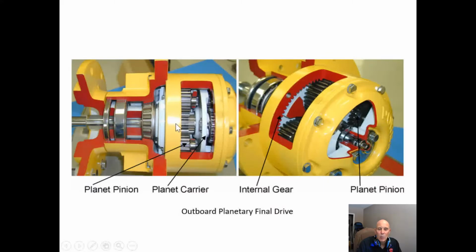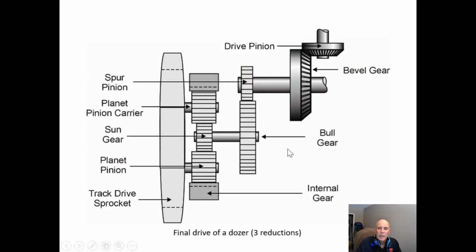Now this is an outboard planetary final drive, which is a double planetary reduction gear. One planetary runs into another planetary to give us a double reduction. When we take a look at, for instance, an older dozer, from our transmission, we go into our pinion gear, which goes into a bevel gear or a crown gear.